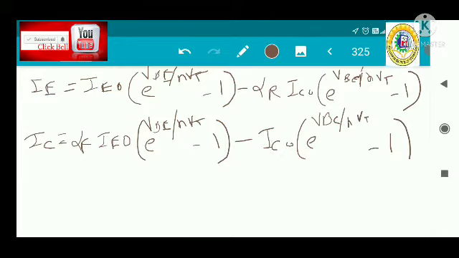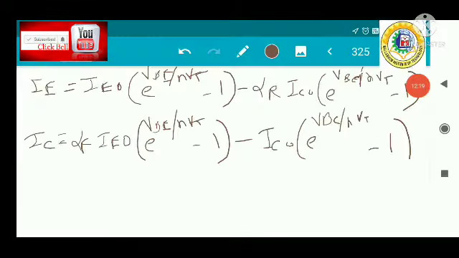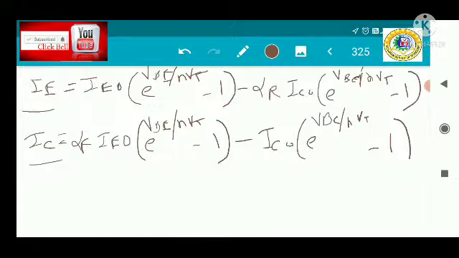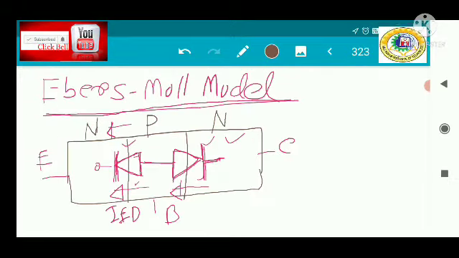Okay, so these are the complete current equations for IE and IC from the Ebers-Moll model.